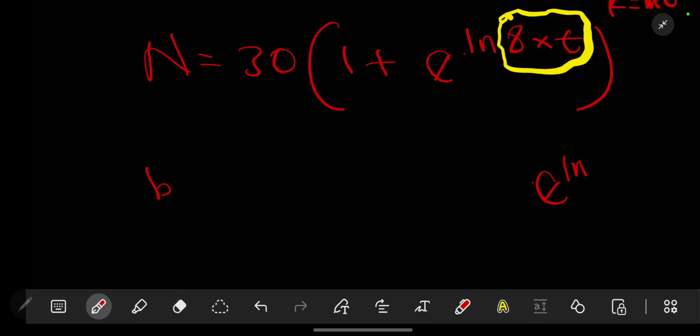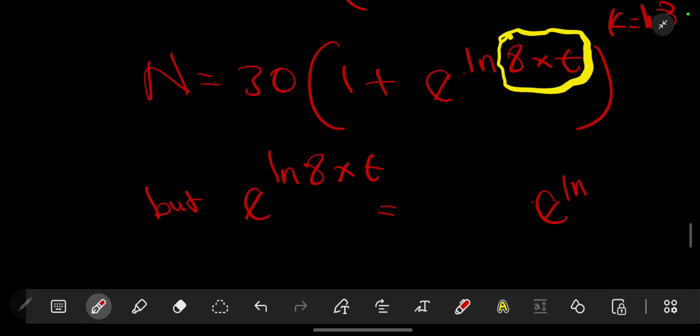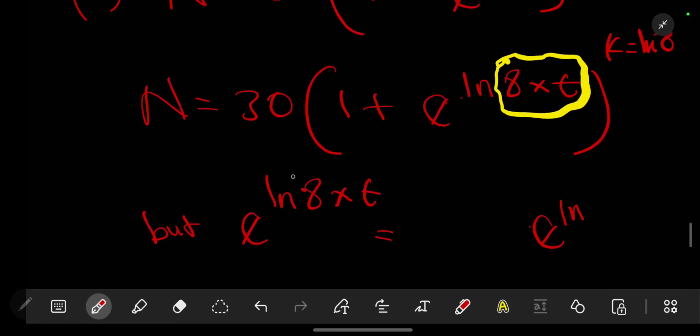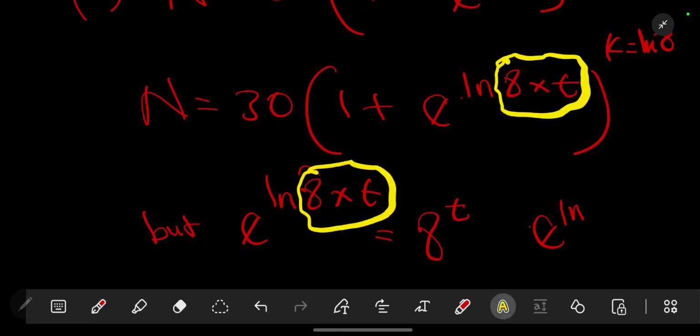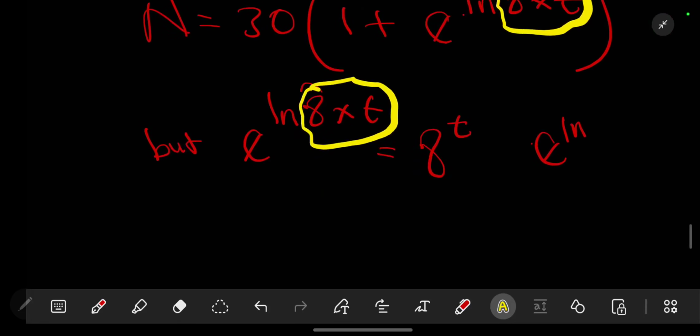The e to the power of ln 8 times the t should be equal to, this one will become your base, then the power will be your t like that. So this is what we do to such equations, as long as ln is the power.